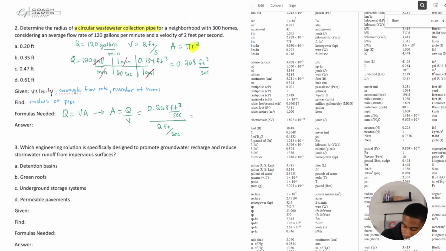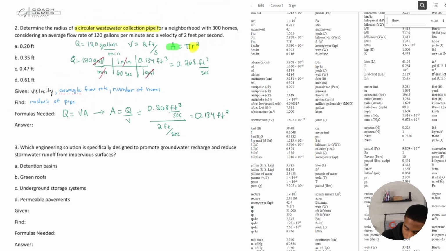I have an answer equal to 0.268 divided by 2, 0.134 feet squared.